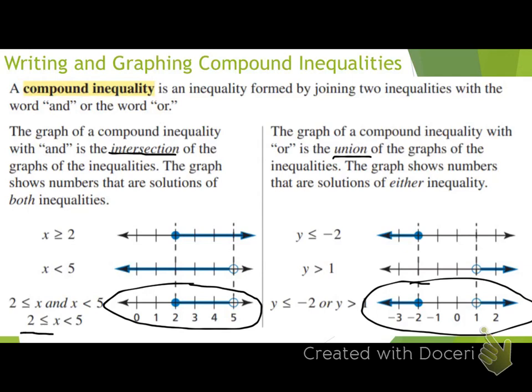Anytime you see an inequality written like this, it'll always be and. Or will never be written like this. Anytime you see the variable in the middle between 2 inequality symbols, it'll always be and. Or will always have the word or between it. Are we good?